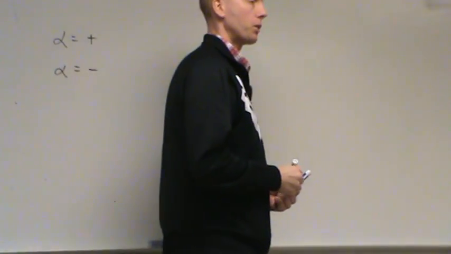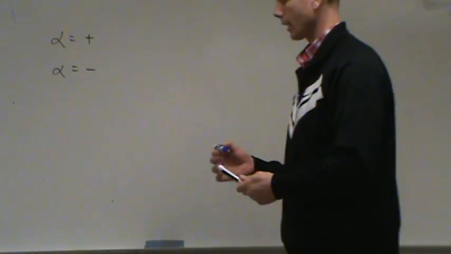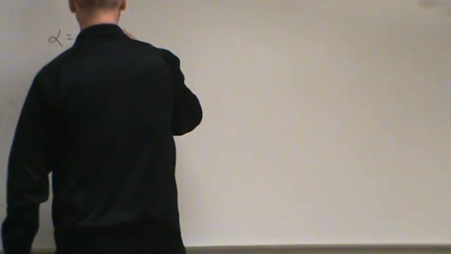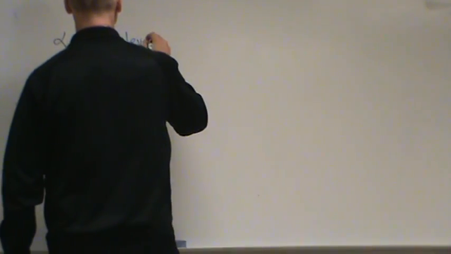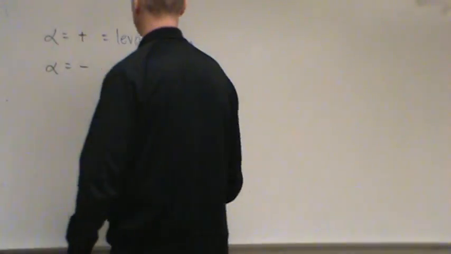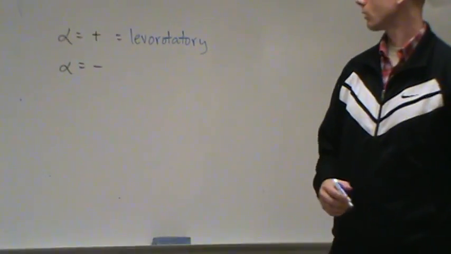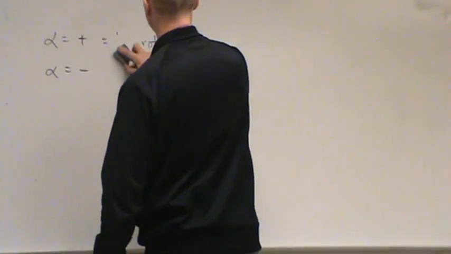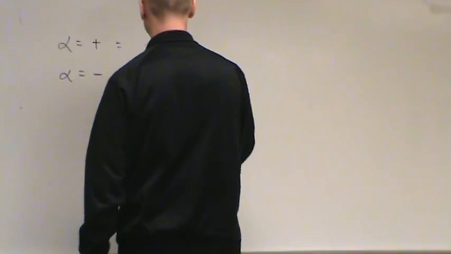Our alpha value can be one of two signs. It can be positive or it can be negative. If it rotates in the positive direction, they say that it was dextro-rotatory.